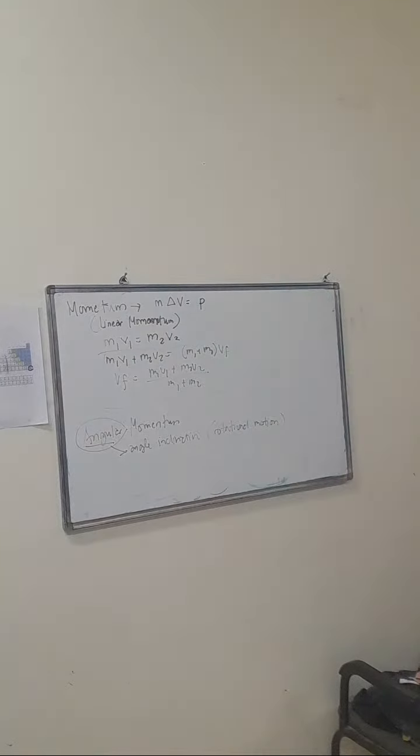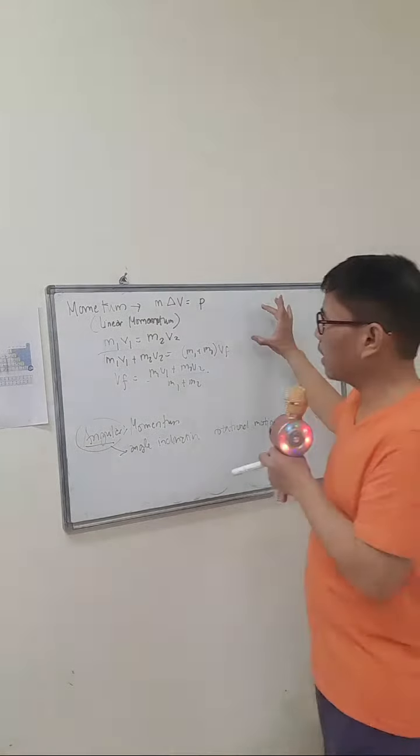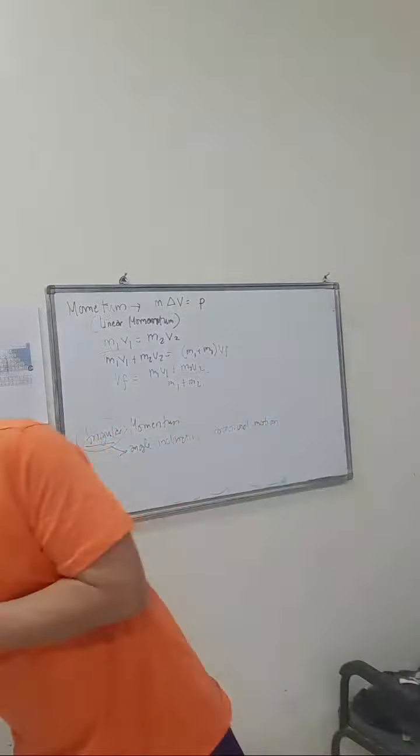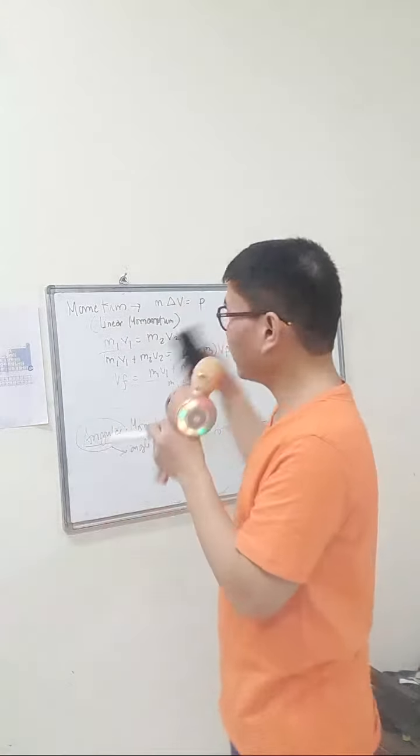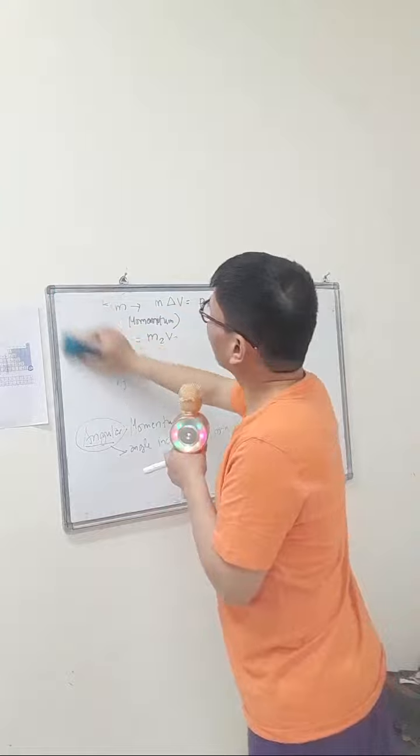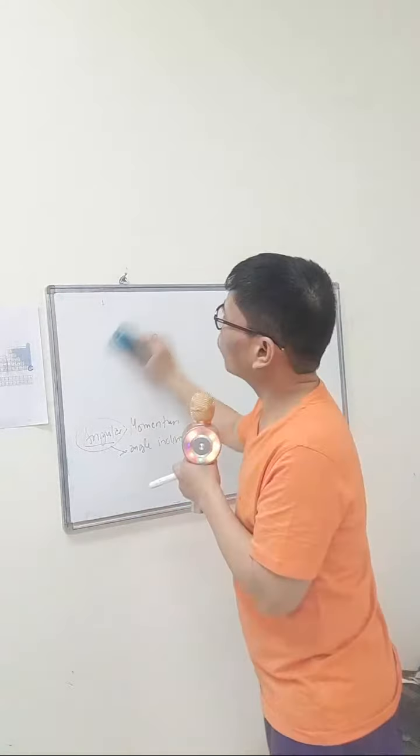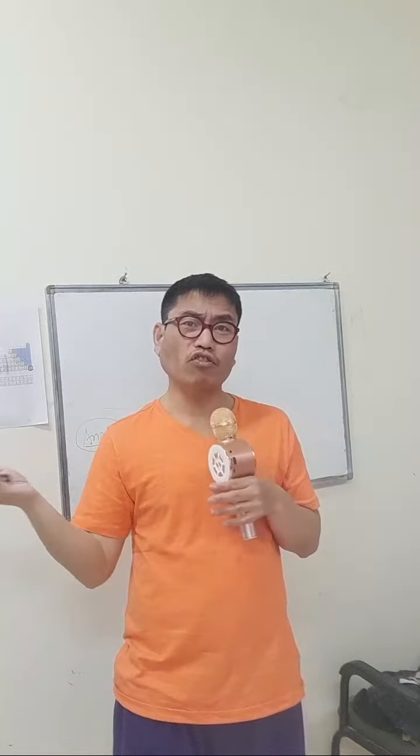Now this linear momentum, guys, comes from the second law of Isaac Newton, as what I discussed just now. So we need to derive that also, so that we can relate that to the impulse. Because sometimes there are also problem solvings that try to connect the impulse to the momentum.